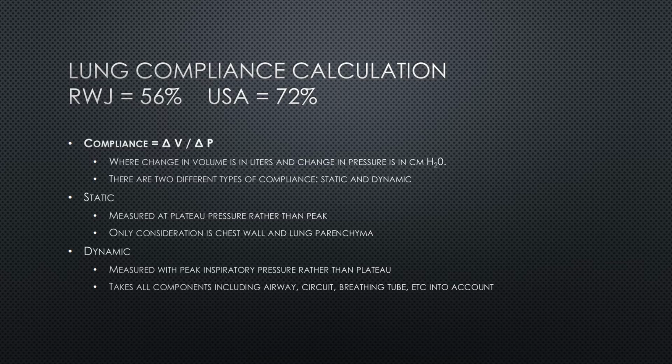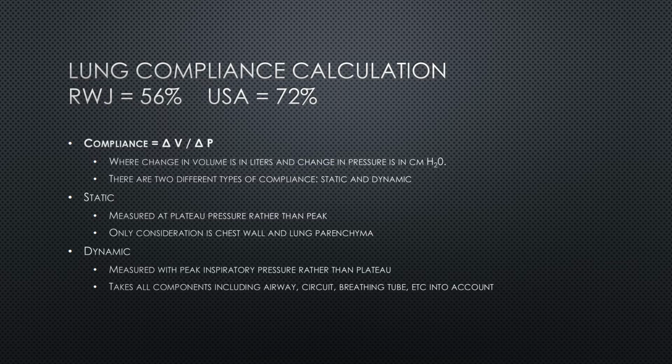Our next keyword is lung compliance calculation. This is a very hot topic on the basic exam because the basic exam loves physiology, especially lung physiology. So compliance is defined as a change in volume over a change in pressure. There are two ways to look at this.